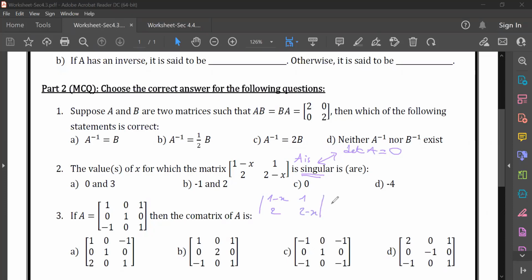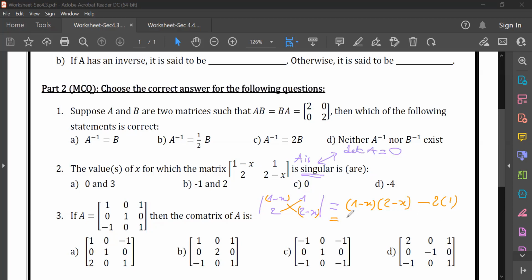But what is the determinant of this matrix? How can we calculate the determinant of a matrix of order 2? 1 minus x times 2 minus x. So we multiply these two elements, 1 minus x times 2 minus x, minus 2 times 1. We multiply this element, 2 times 1.